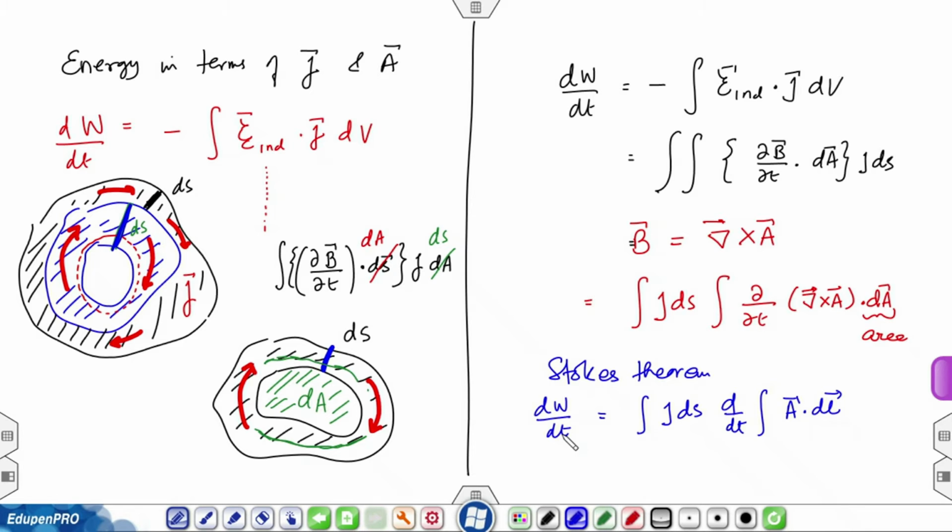Now, I will take this vector sign which is on top of dl to J and write ds dl as dV, to get integral J dot ∂A/∂t dV.